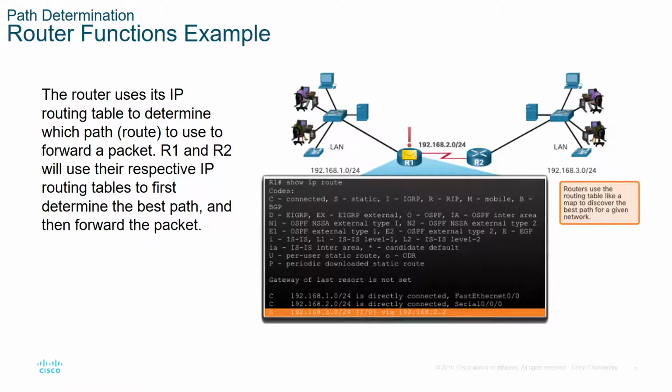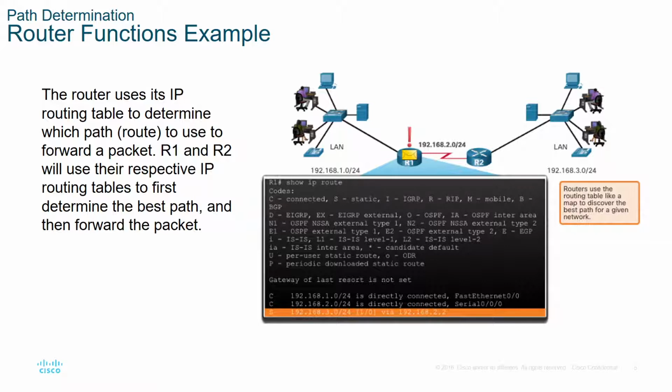Router functions example. The router shown here uses its IP routing table to determine which path, or route, to use to forward a packet. In the diagram, R1 and R2 will use their respective IP routing tables to first determine the best path, and then forward the packet. We can see here in the example a routing table for R1.